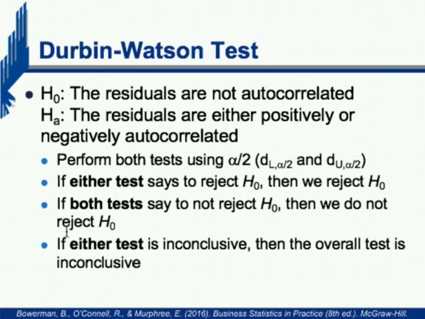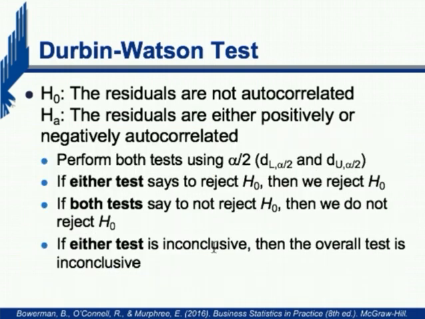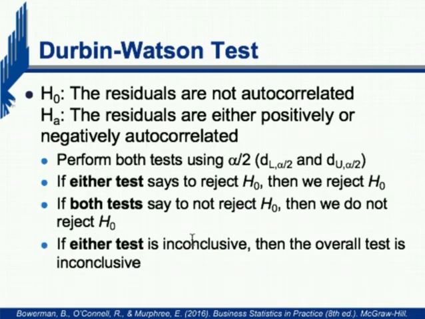Finally, if either test is inconclusive, meaning any of these two tests results in inconclusive results or interpretations, then it means that the overall test is inconclusive. So if the first one is inconclusive and the other one is do not reject the null hypothesis, then it means that we cannot say if the residuals are autocorrelated or not.